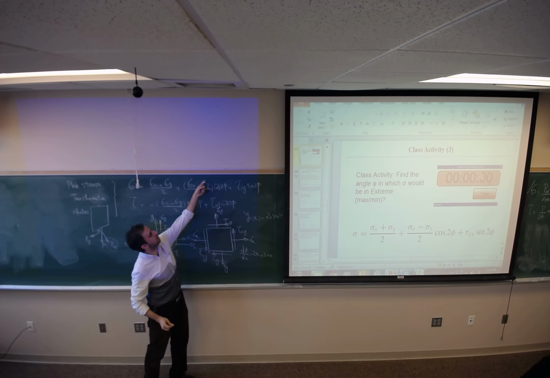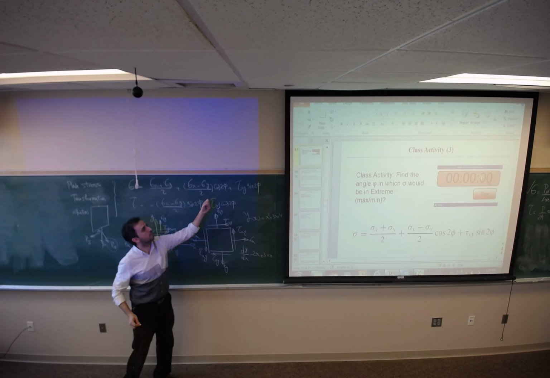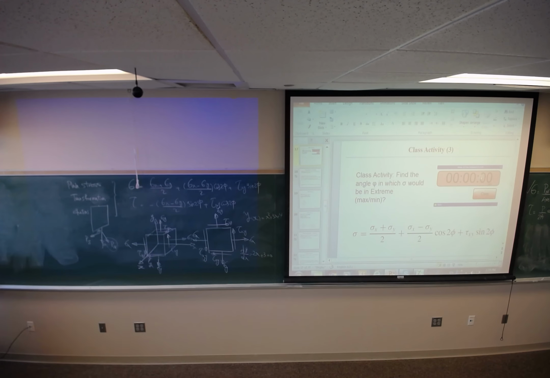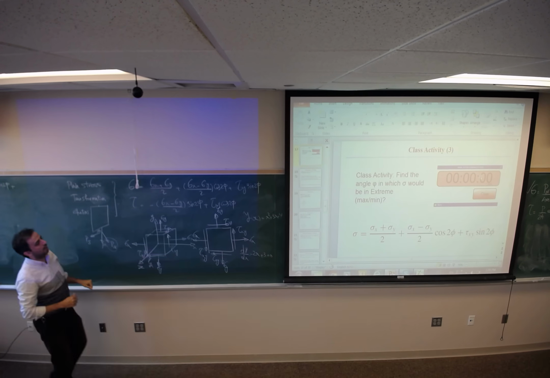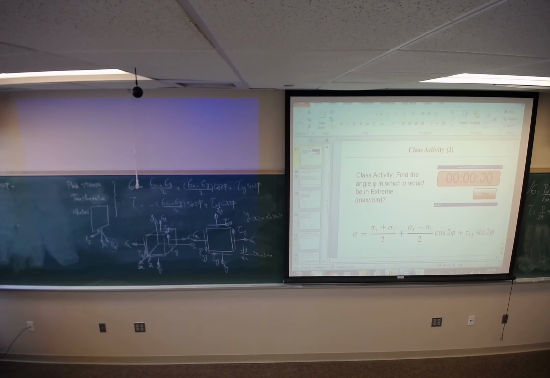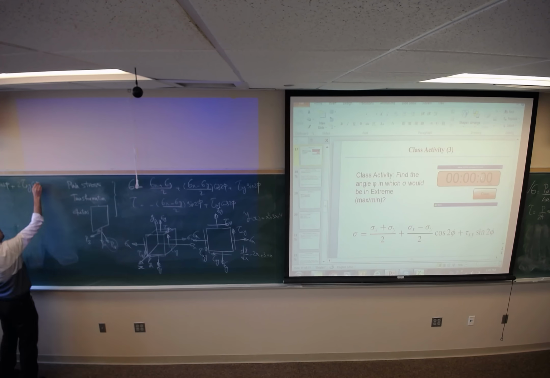This is a coefficient, not a function of phi. So the derivative is going to be negative 2 times sigma x minus sigma y divided by 2 sine of 2 phi, plus the third term. This is a coefficient, not varying with phi. So I differentiate sine of 2 phi with respect to phi. It's going to be 2 cosine of 2 phi. Set it equal to 0.